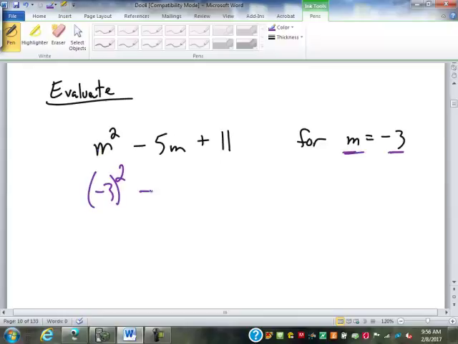So m squared, negative 3 squared. Minus 5 times m is negative 3 plus 11. Now you'll notice, because the value that I'm plugging in is negative, I did put it in parentheses everywhere I put it in. So as I go through this, negative 3 squared is 9. Be careful on your calculators.